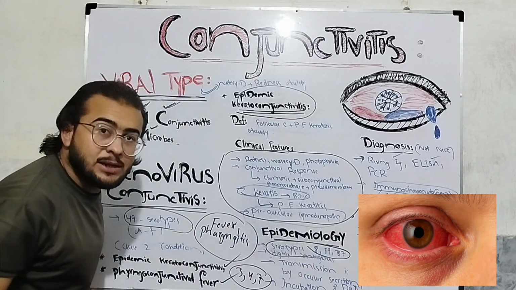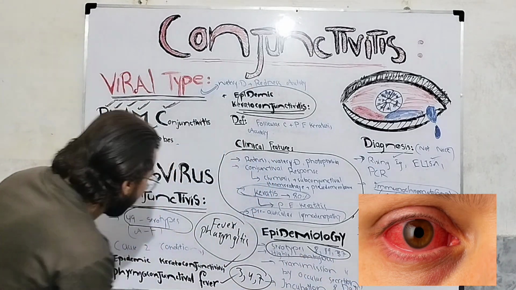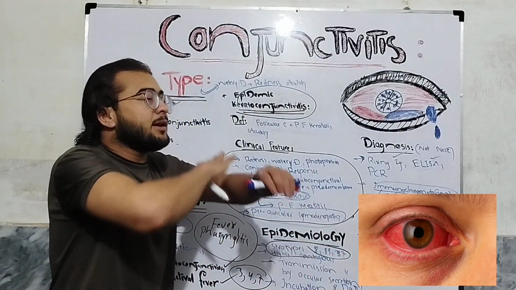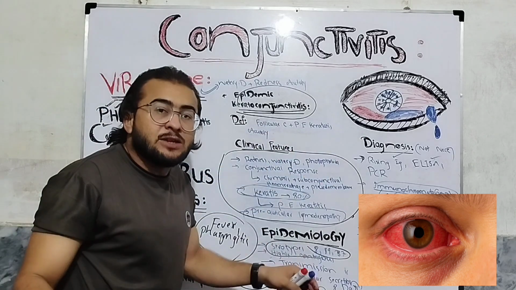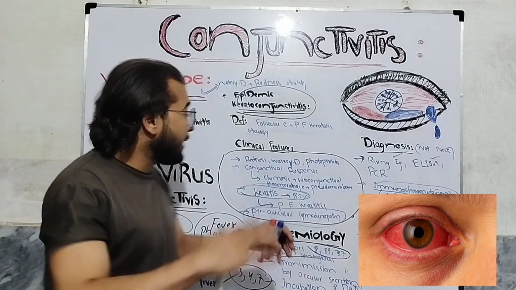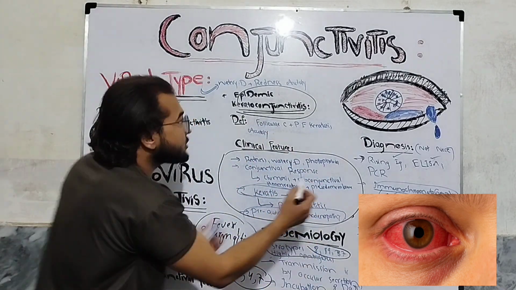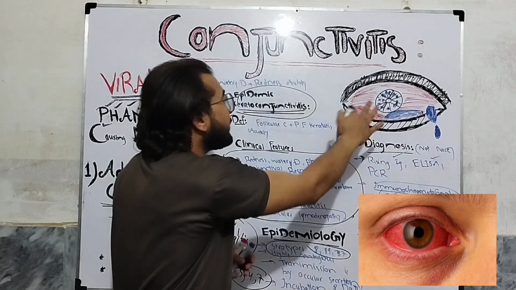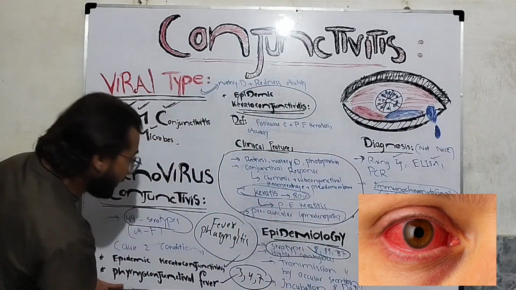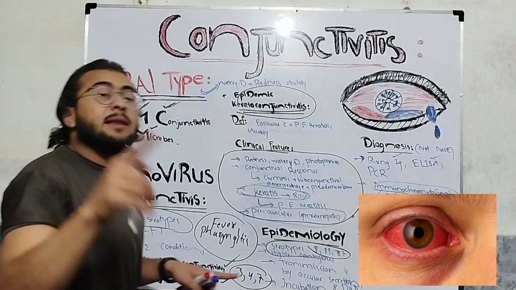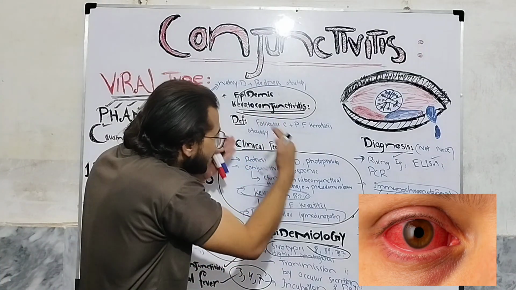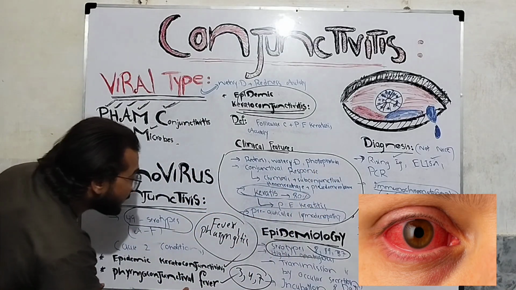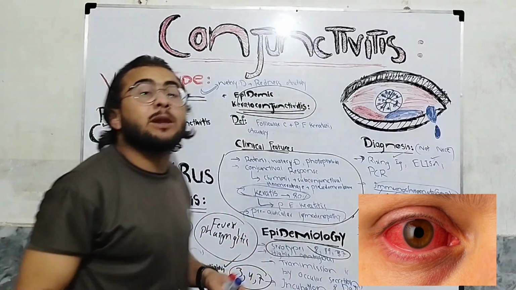Both are similar in etiology, clinical features, diagnosis, and treatment. But the clinical features of the eye are severe in epidemic keratoconjunctivitis and not so severe in pharyngoconjunctival fever, which in addition has fever and pharyngitis.